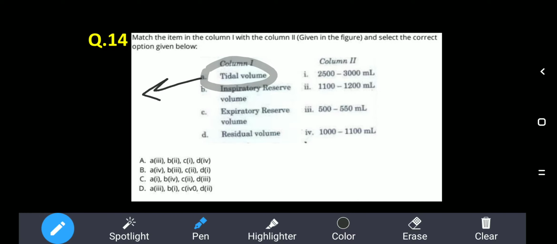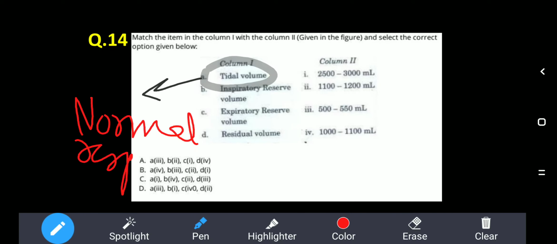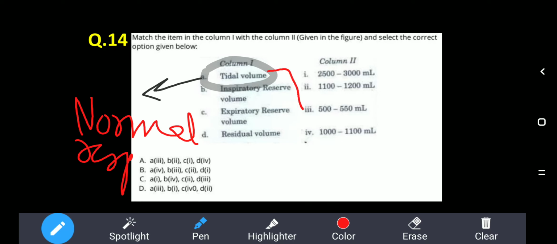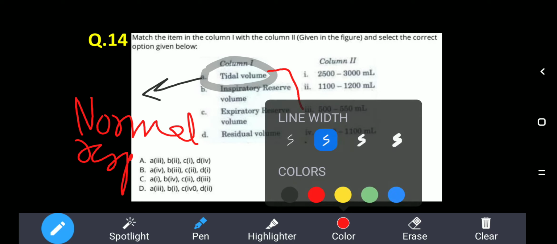When we do normal respiration, the volume of air which we inhale or exhale in normal breathing is called tidal volume, TV, and the volume is actually 500 to 550 ml approximately.